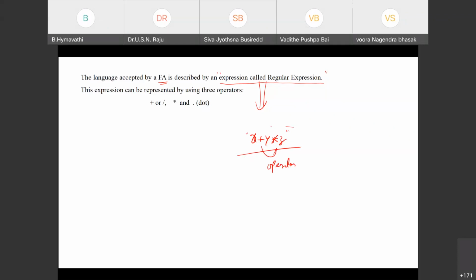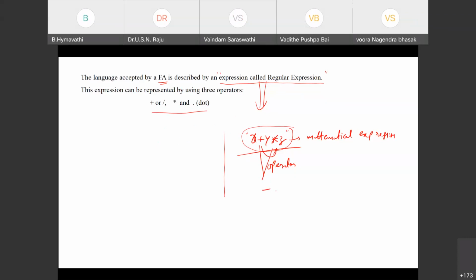Once you understand how x plus y star z is a mathematical expression, in the same way I'm using an expression with three operators: plus, star, and dot. There won't be any other operators in a regular expression. In a mathematical expression, do you have only these operators, or do you have any other operators?